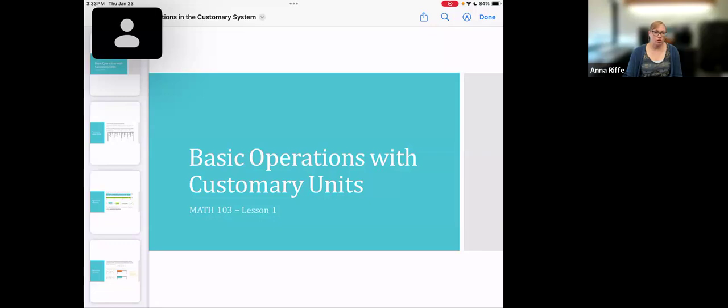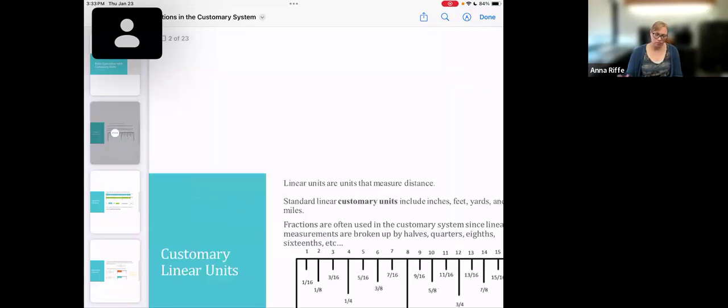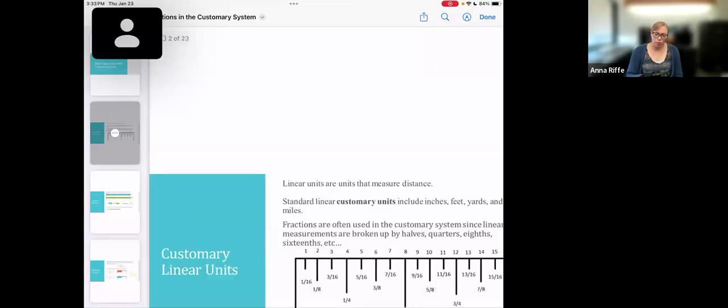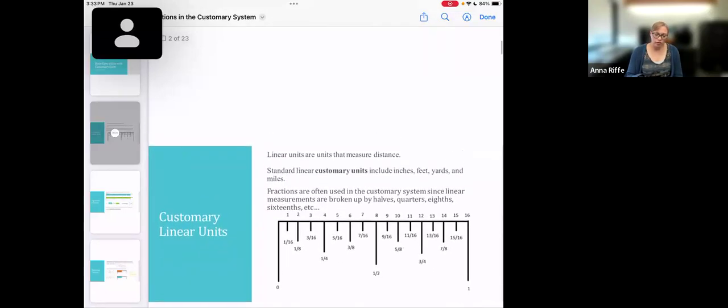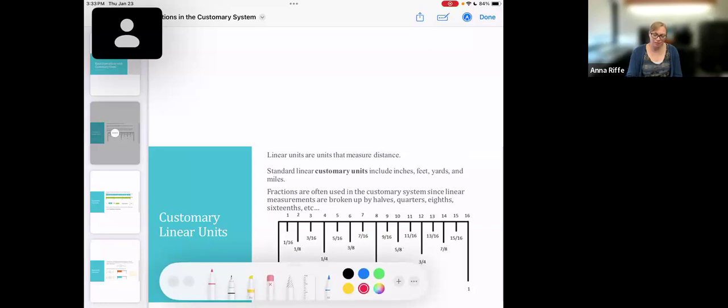So let's start. We are going to talk about linear units primarily. Linear units measure distance.